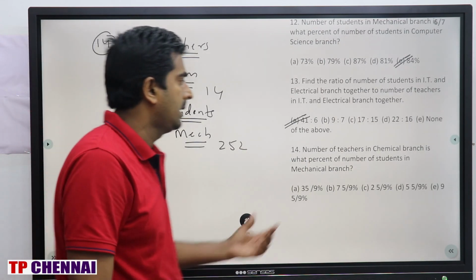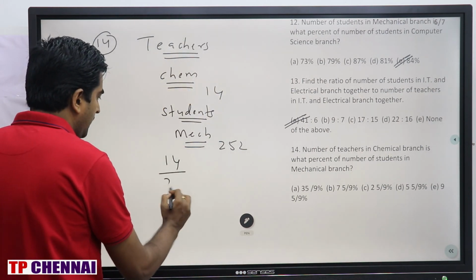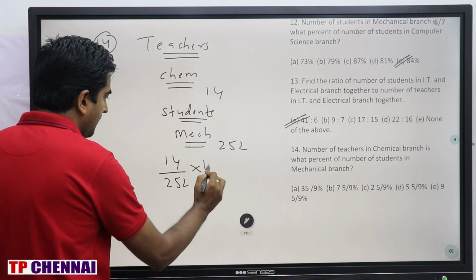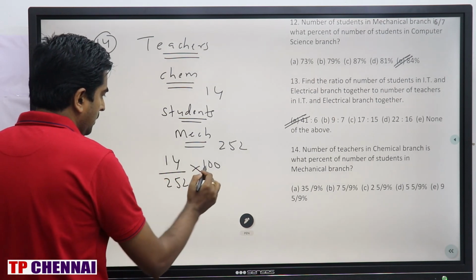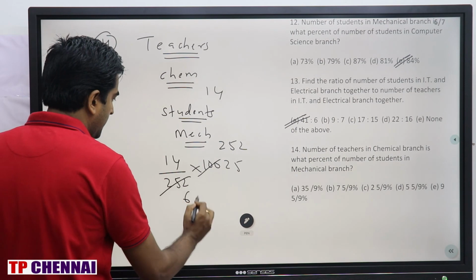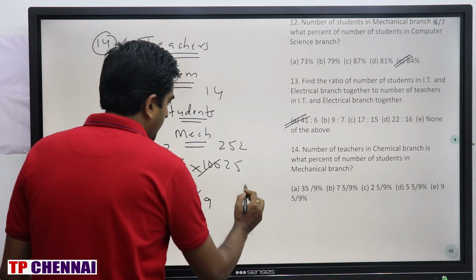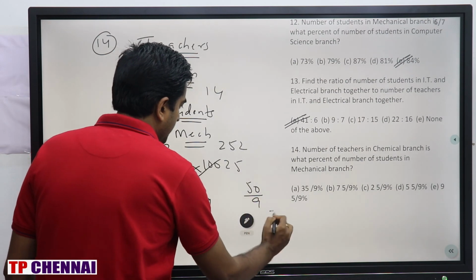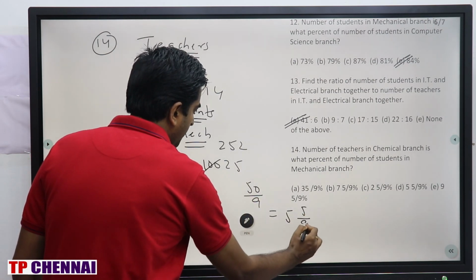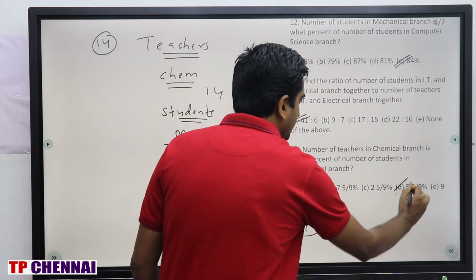Right? Is what percent? So 14 by 252 into 100. So 4 25s are 4 6s are 24, 3 7s are 7 2s are 7 9s are. So 50 by 9. What is the answer? 5 by 9%, and that is nothing but fourth option.